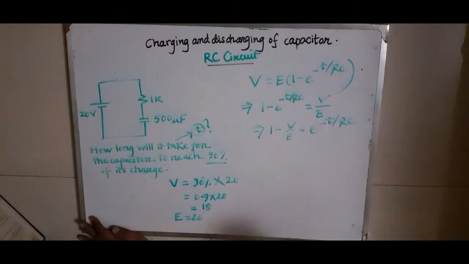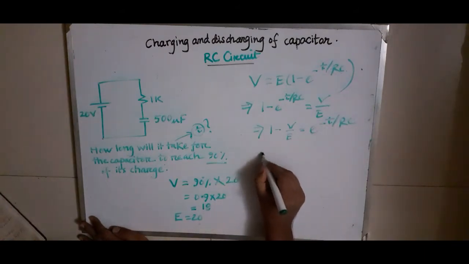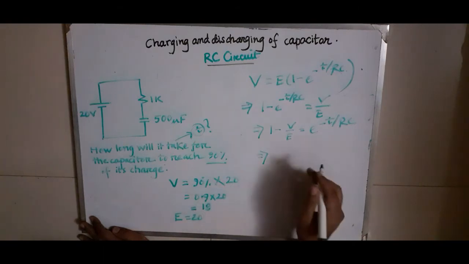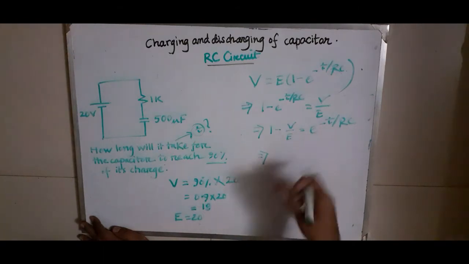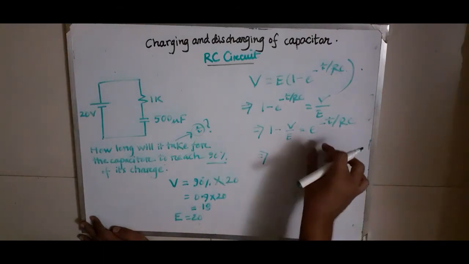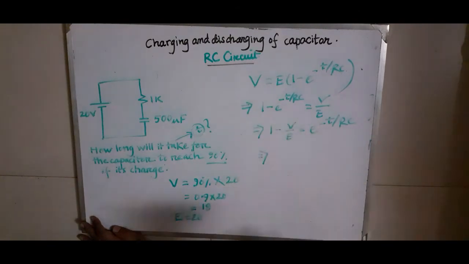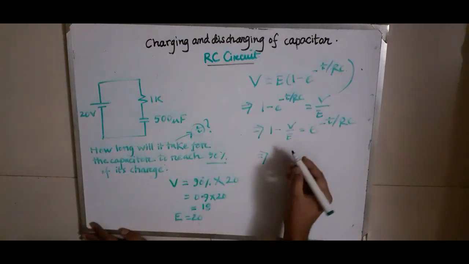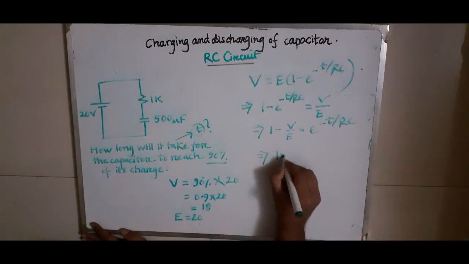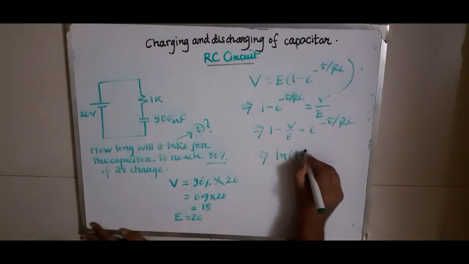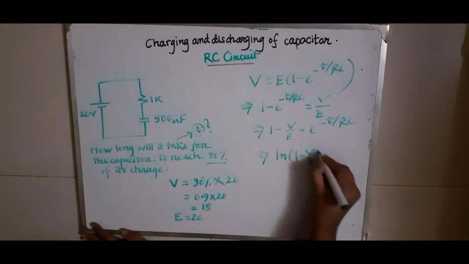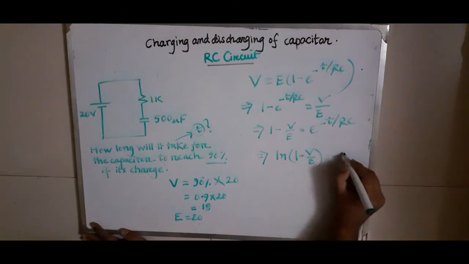Yes, of course we can write this. Then we have e on one side. If we take e to the other side, it becomes ln, right? So ln of 1 minus V by E is equal to minus t by RC.